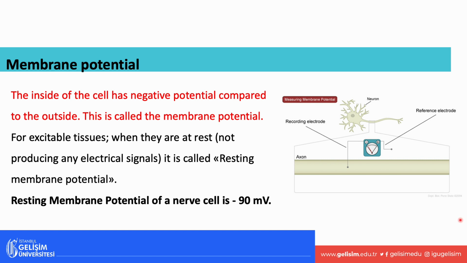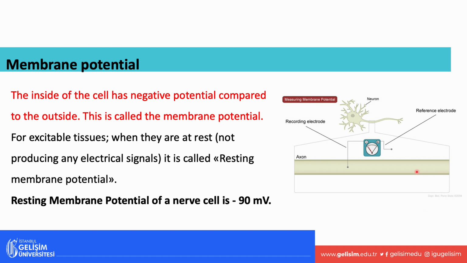Right? So these two factors, concentration gradient and electrical attraction, work together to create a membrane potential. When the cell is at rest, meaning that it's not actively sending or receiving signals, the membrane potential is called the resting potential. And the resting potential is negative inside the cell.